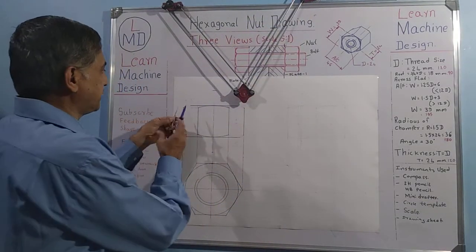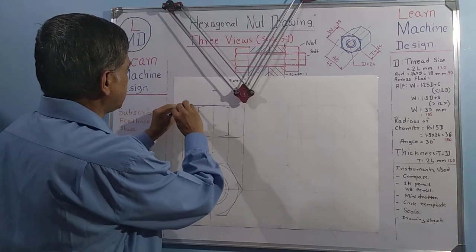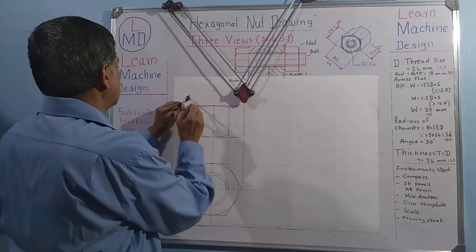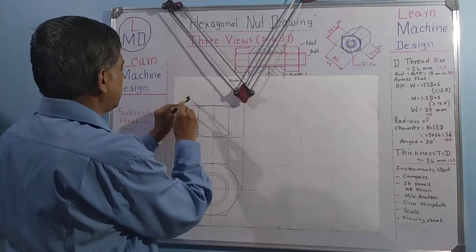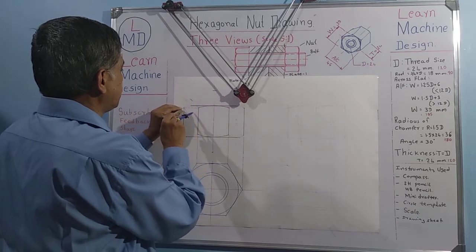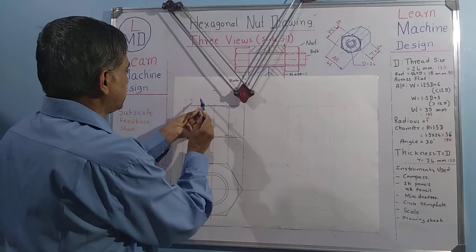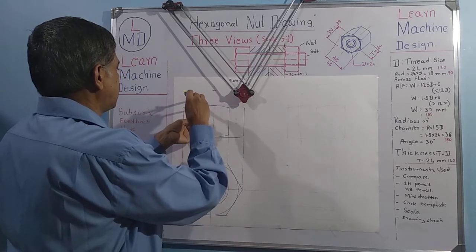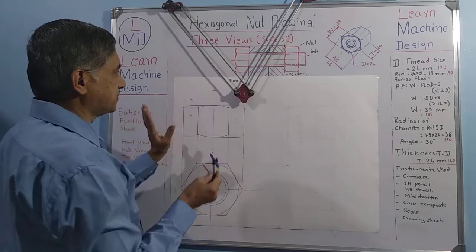You have to take like this and put the pointer here, and this is the pointer, and draw like this. This side also draw like this. Take the other side, draw like this, draw like this.